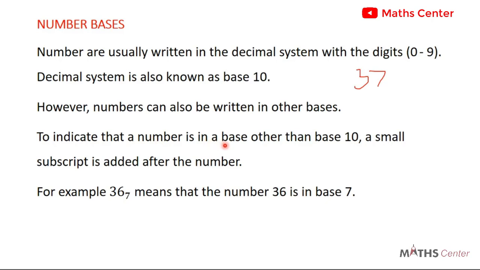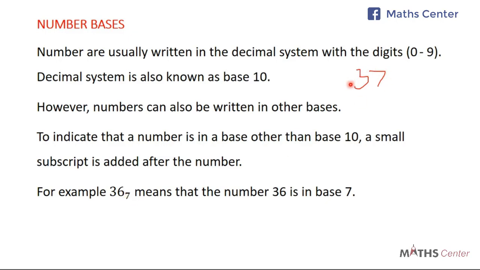If you have a number that is not in base 10, the base will be indicated after the number and written as a subscript. So here the number that we have is 36, and we have it in base 7. So you write 36, then you write 7 as a subscript after 6. So 36 with the subscript 7 means that the number 36 is in base 7.